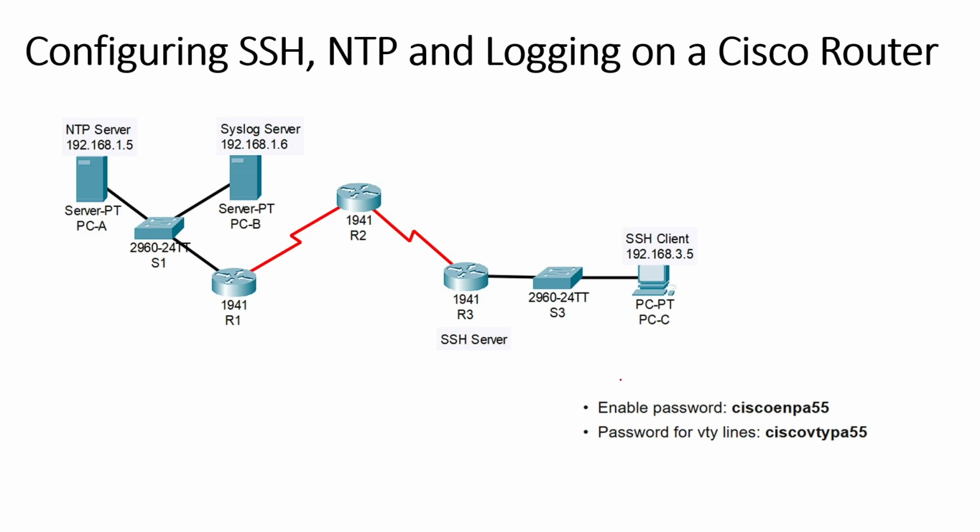With the concepts that have been discussed, let's now try to configure SSH, NTP, and logging on a Cisco router. SSH is Secure Shell, NTP is Network Time Protocol, and we will also set up logging on Cisco routers.